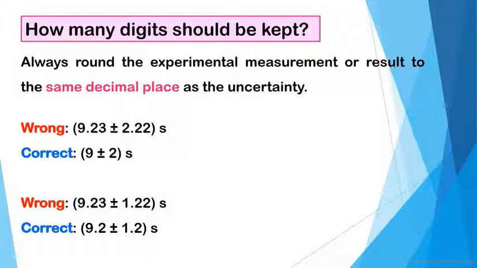For example, 9.23 plus minus 2.22, and the correct answer should be 9 plus minus 2 seconds. The second example is 9.23 plus minus 1.22 seconds. Because the delta m starts with 1, you can write 9.2 plus minus 1.2 seconds, up to 2 significant figures.